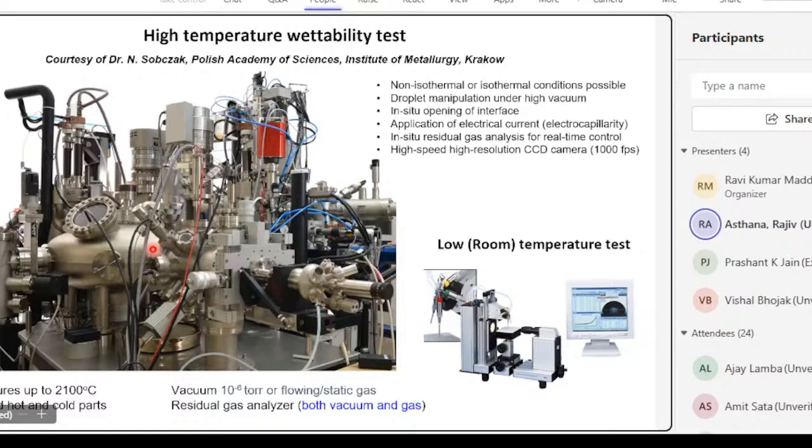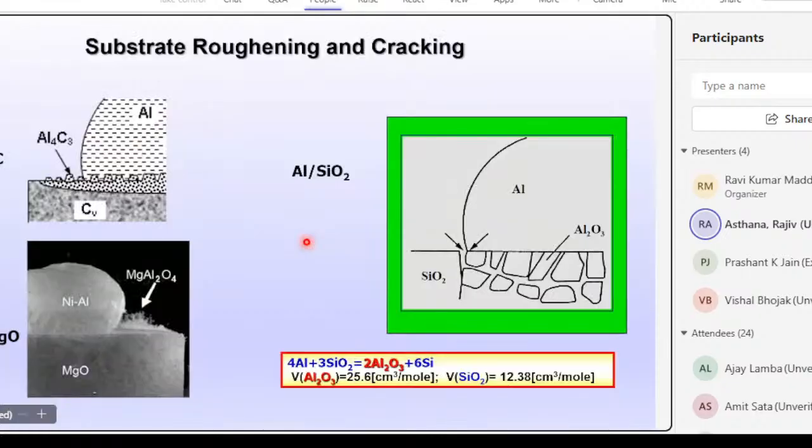And you should be able to manipulate the liquid inside the chamber so that you can do a variety of things. So I used some of this kind of an approach to study wettability and interfacial phenomena at high temperatures. So we'll look at some of that today.